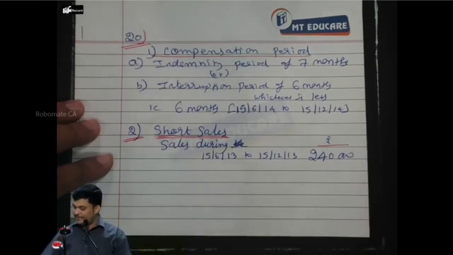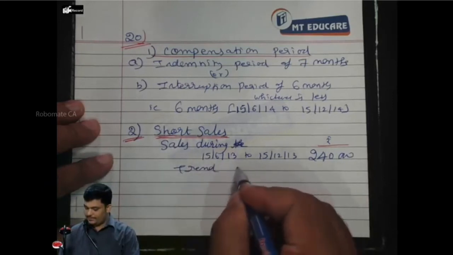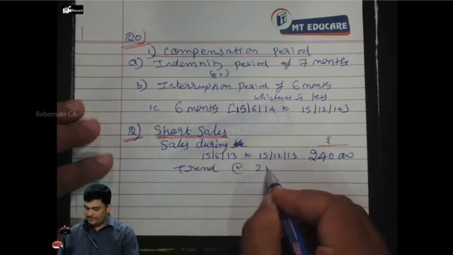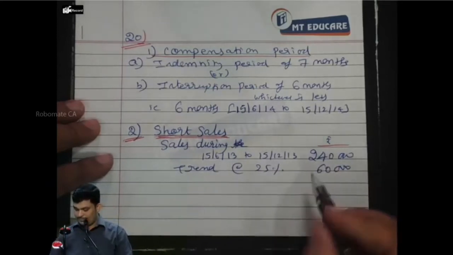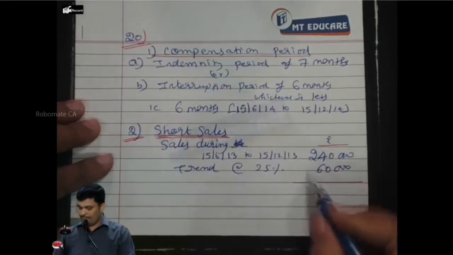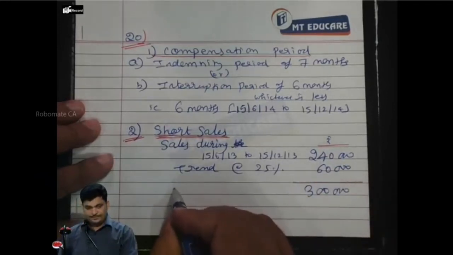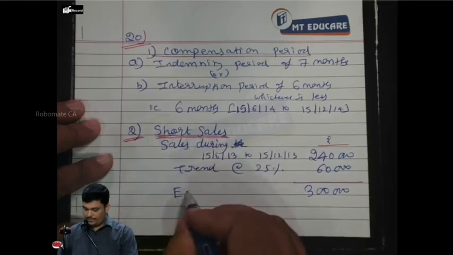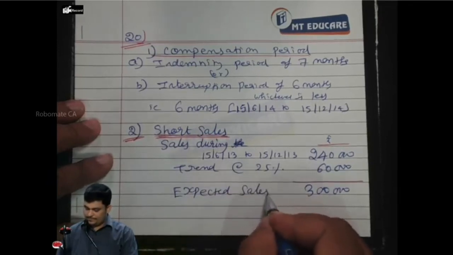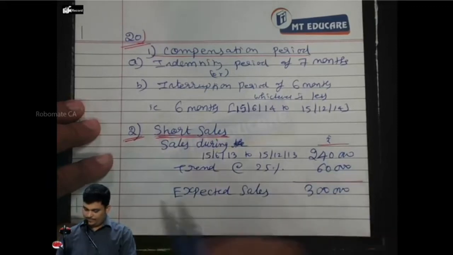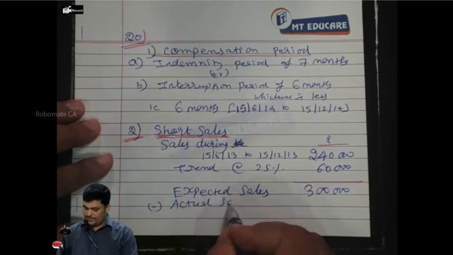Is there any trend given? Trend, at how much percentage? So 60,000. So 3 lakhs is the expected sales, minus actual sales.